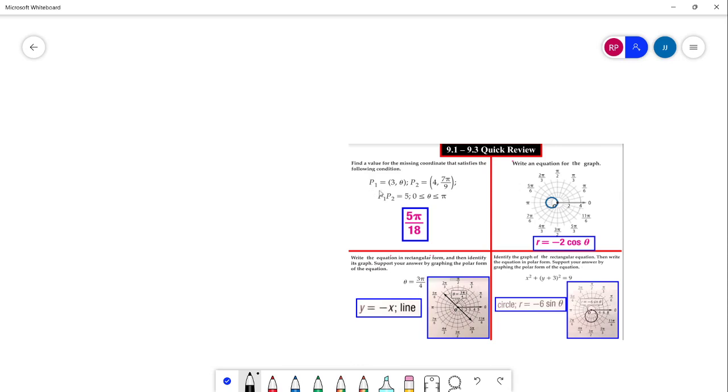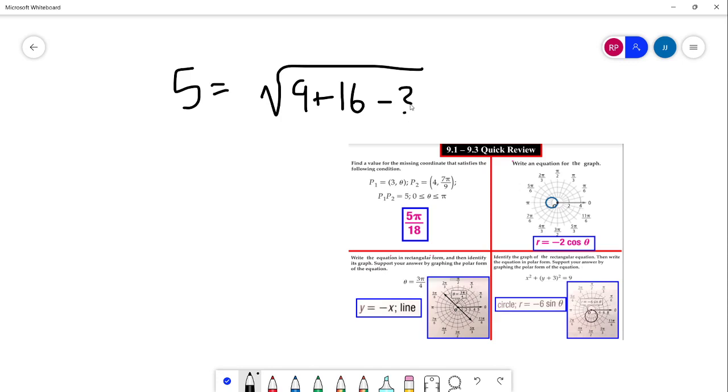So this first one I think is the hardest. It uses the polar distance. So we know the polar distance 5 equals r1 squared, so r1 squared is 3, plus r2 squared, which is 4, and then minus 2 times r1 times, oh well, I didn't write that 2 in there, did I?